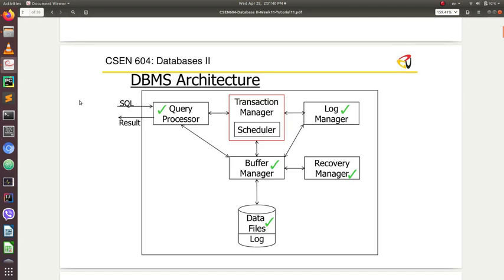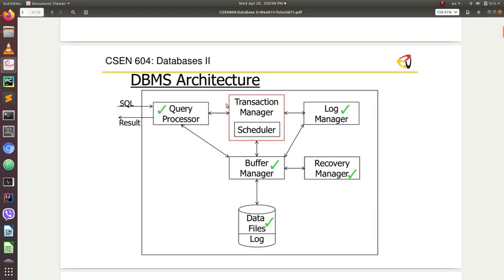So the client will write a SQL statement, and the query processor will parse and read this SQL statement, and it will try to decide the best logical plan and the best physical plan to execute the SQL statement.